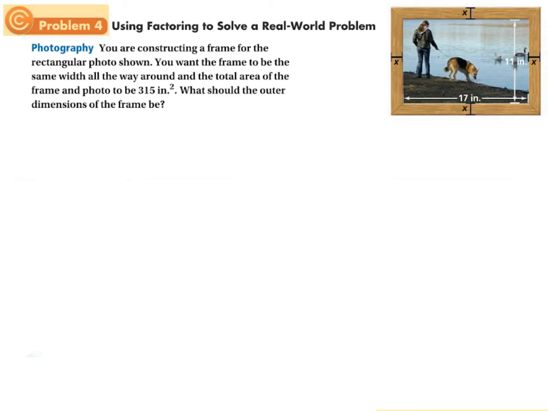If you think about a rectangle, the length in this case is going to be 11 plus that x, which of course then would be 2x plus 11, times the width, which will be 2x plus 17. So that's what you've got, and it's got to equal 315.